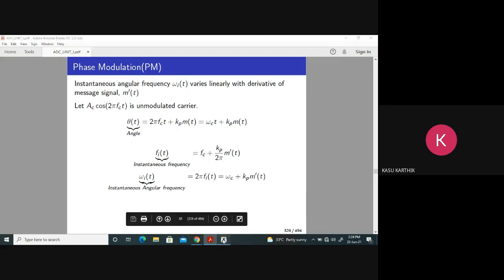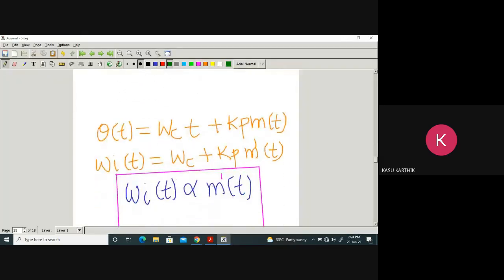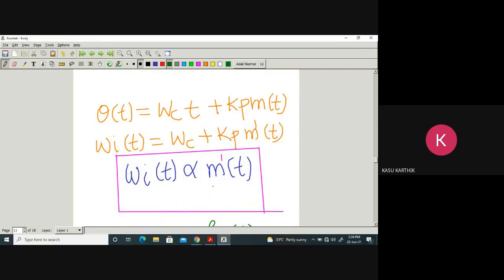Initially we take the angle; keep it aside. What I have written is omega_i of t varies linearly according to the derivative of the message signal, m dash of t, so it is proportional. Typically we write omega_i of t equals omega_c plus k_p m dash of t.